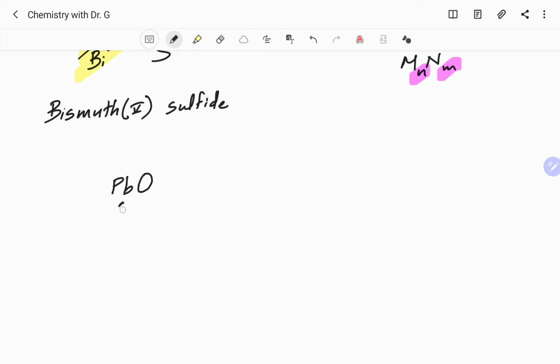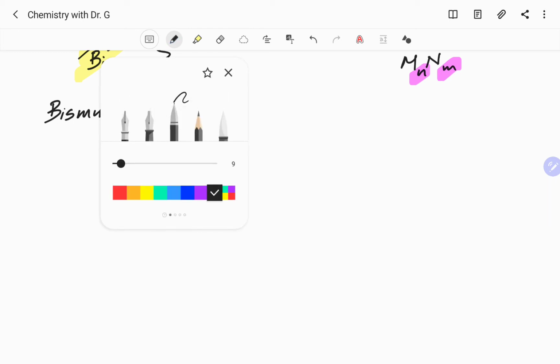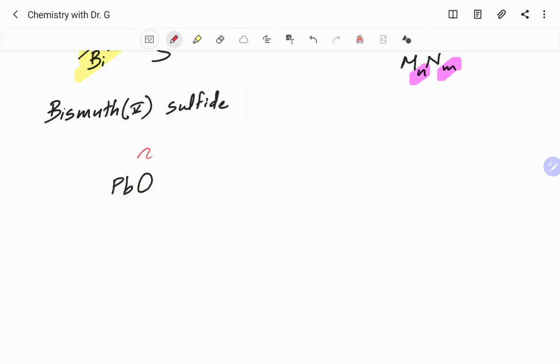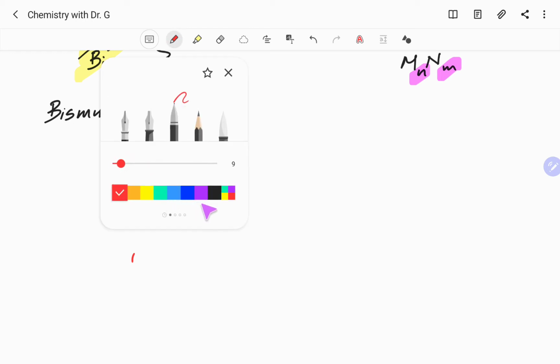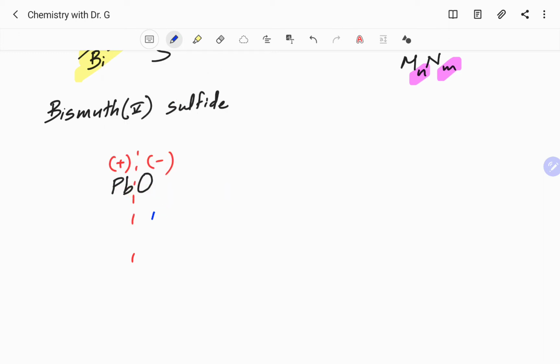All right, if you did the calculation method, let's do the long way first. This will be the cation side, this will be the anion side. You have only one oxide, so 1 times O2-. You have one lead, we don't know the charge. Let's call it X. So 1 times -2 is -2.